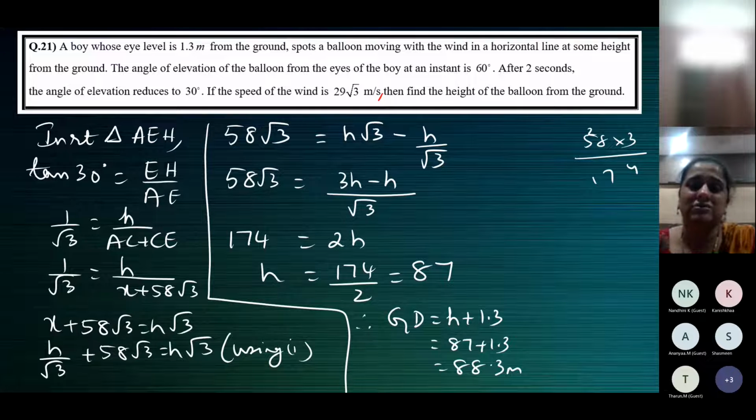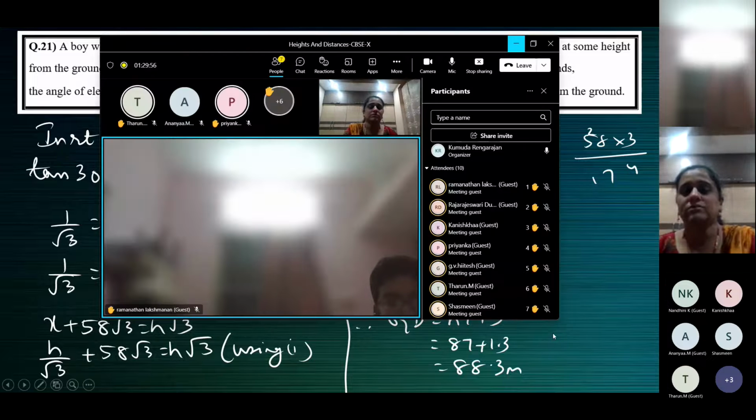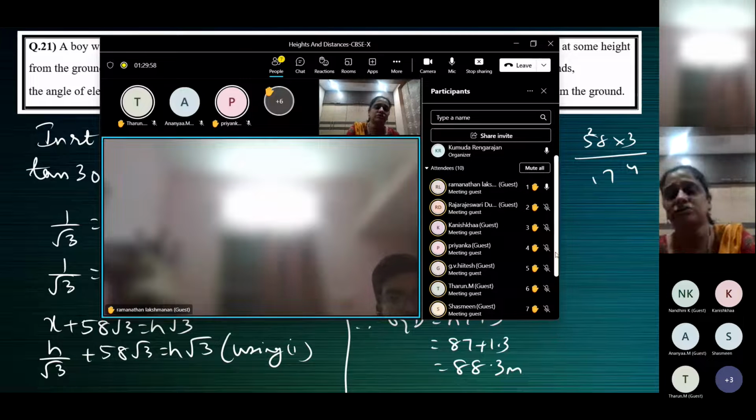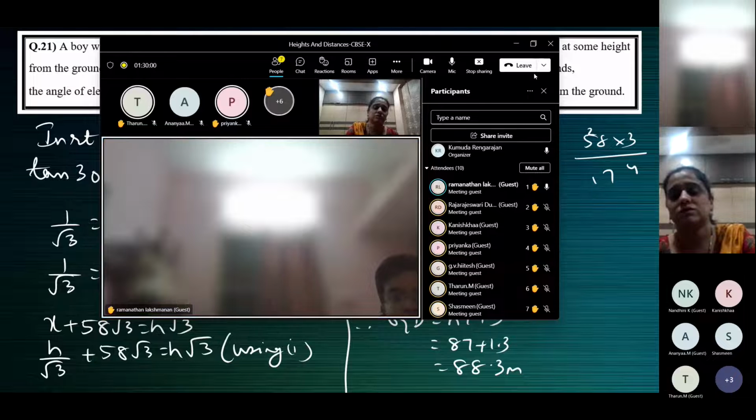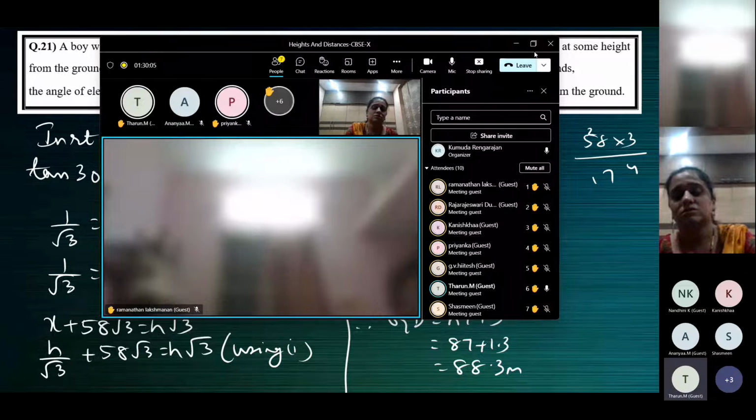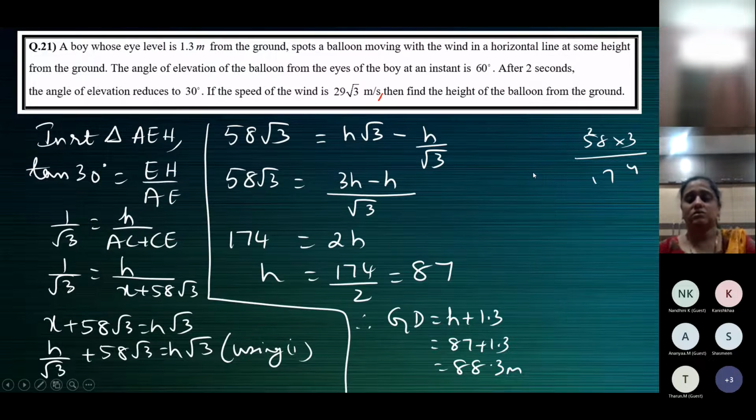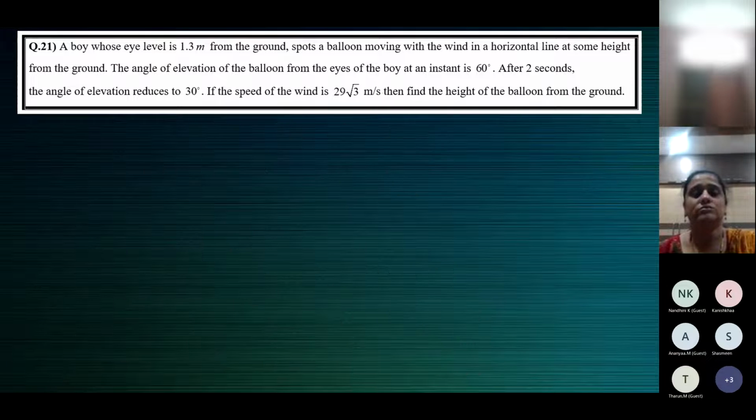It's very feeble. I can barely understand. Yeah, Ram, Rajeshwari, Kanishka finished working. Priyanka, Ritesh. Yes, ma'am. All right, children. Let's go to the next one. Any question here? No?